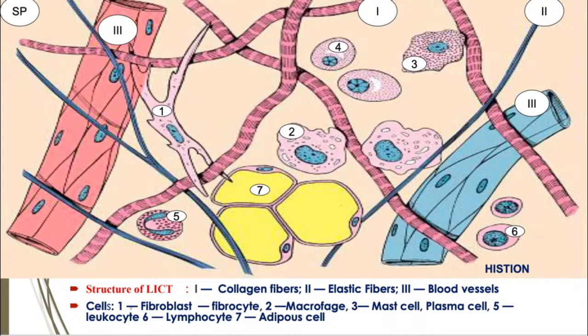For example, when some cells are deactivated, or when some substances which change the osmotic pressure appear in the internal environment, immediately the connective tissue starts to regulate homeostasis.